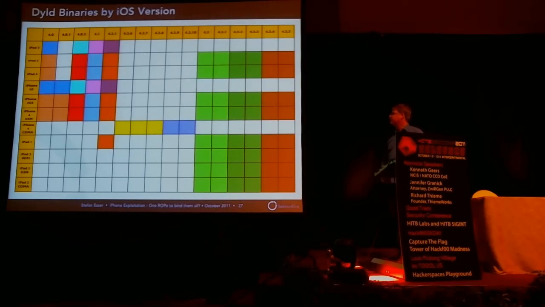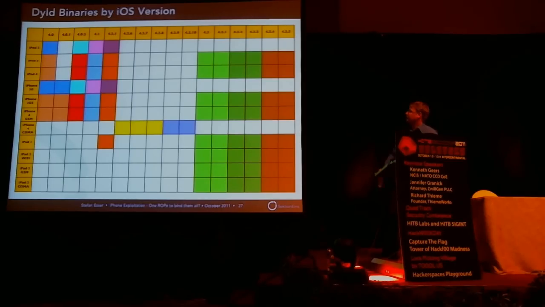You can see there are actually 13 different dynamic linker binaries across all the iDevices. For the 4.3 tree, you have always one dynamic linker for 2 versions. And in the older days, you had about one per version.